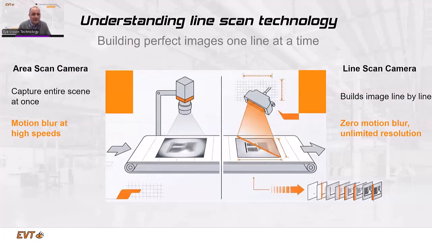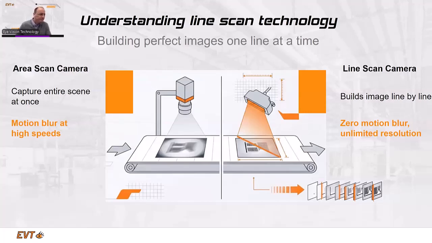So for the line scan camera, you only have to optimize the lens for the line so that it's not distorted, which is as well easier to do than with an area scan camera.